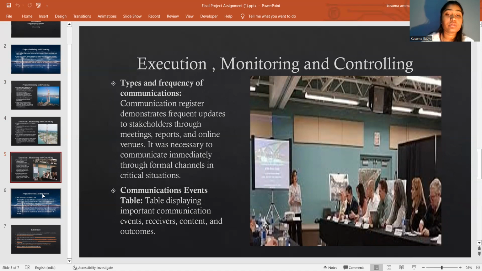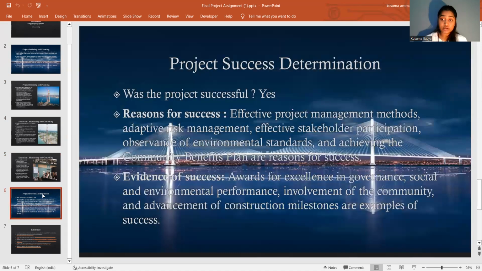So after that, I want to discuss the project success determination. So, was this project successful? I'll say yes. Based on a number of important metrics, the Gordie Howe International Bridge project can be declared successful.